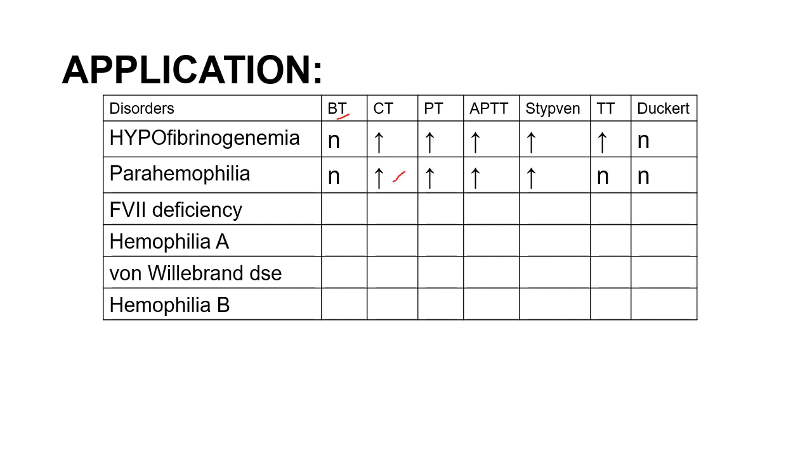Prolong clotting time, prolong ang PT, APTT dahil common pathway si clotting factor 5. Stiff vein time, prolong din. Your thrombin time is normal kasi it does not detect the clotting factor 5 but only factor 1. Duchert's test is normal. Next, your clotting factor 8 deficiency or 7 deficiency.